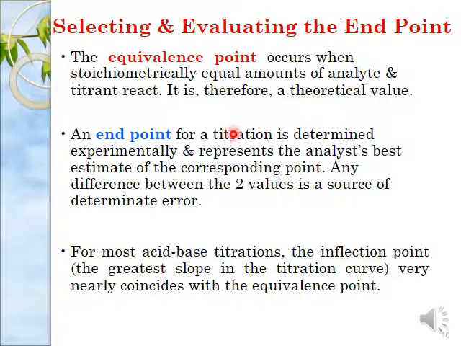Any difference between the two values means the endpoint and equivalence point is a source of determinate error. For most acid-base titrations, the inflection point of the experimental titration will nearly coincide with the equivalence point, the theoretical value.